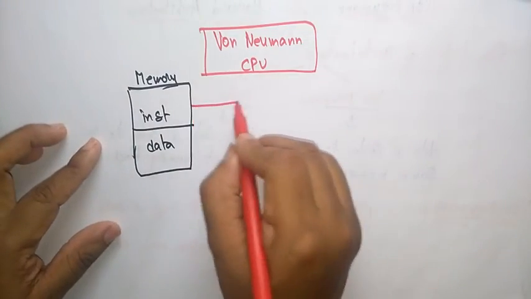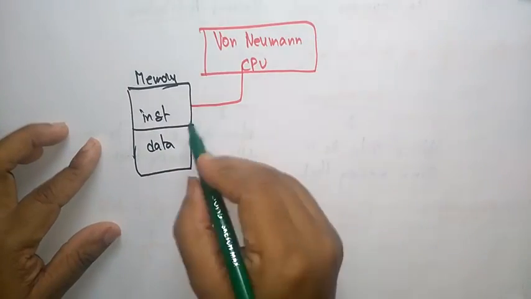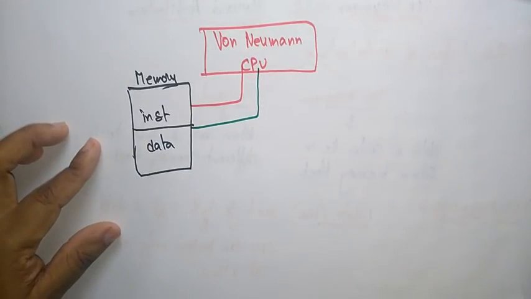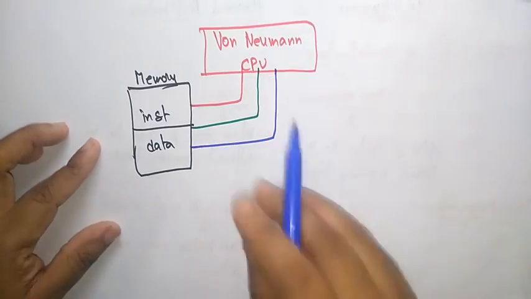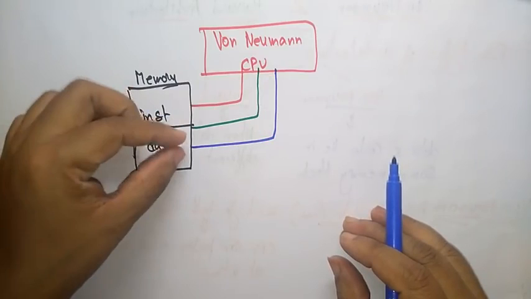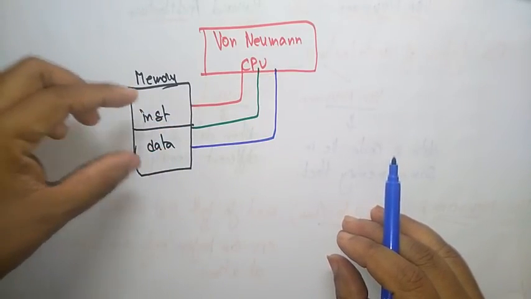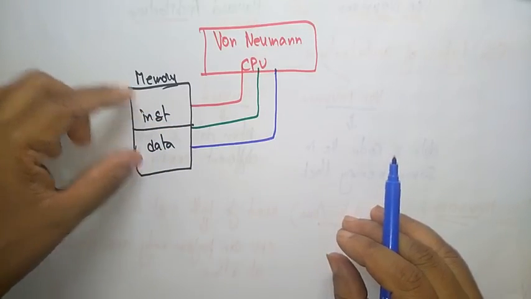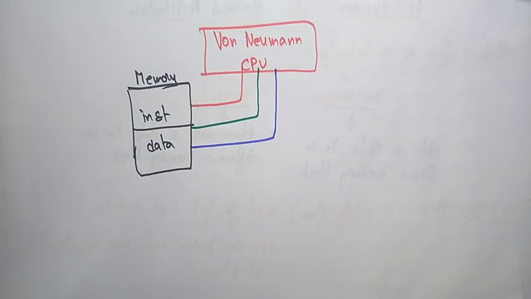This is the address bus, data bus and control bus. All of these buses access only one memory block, and that is what you call the von Neumann architecture.